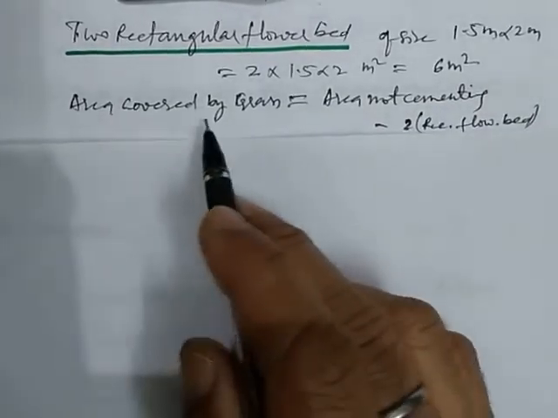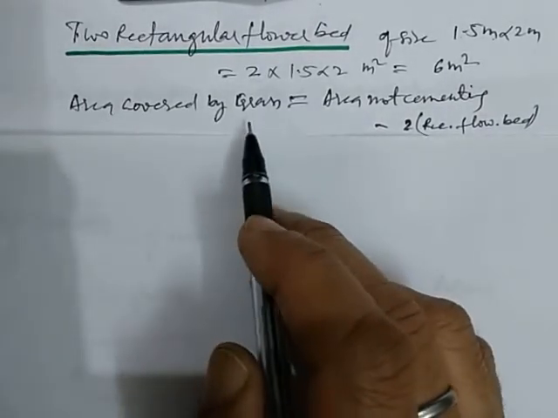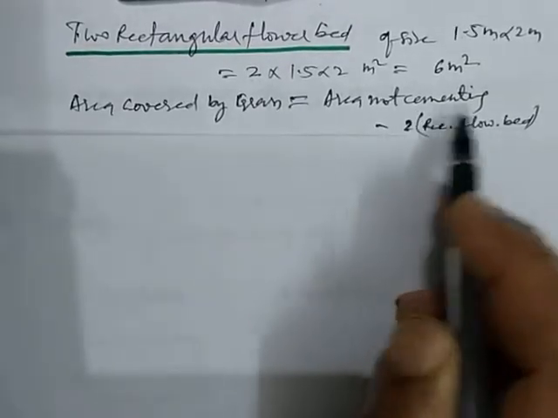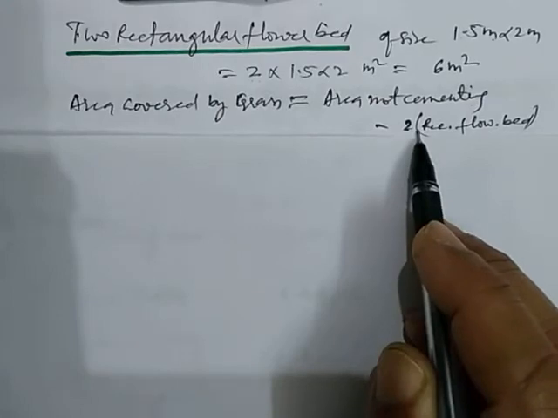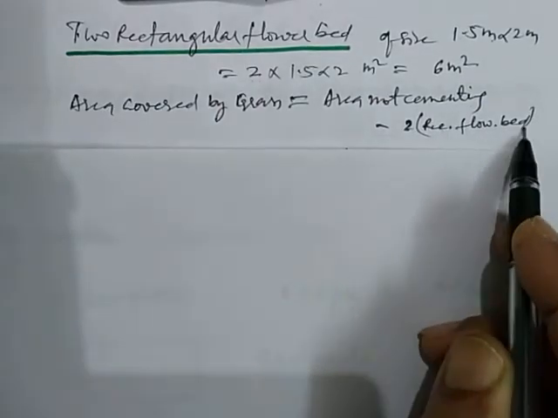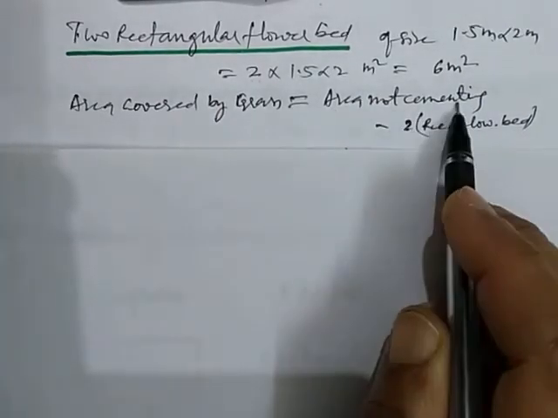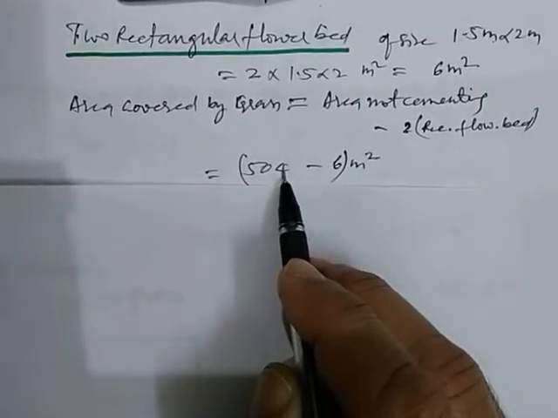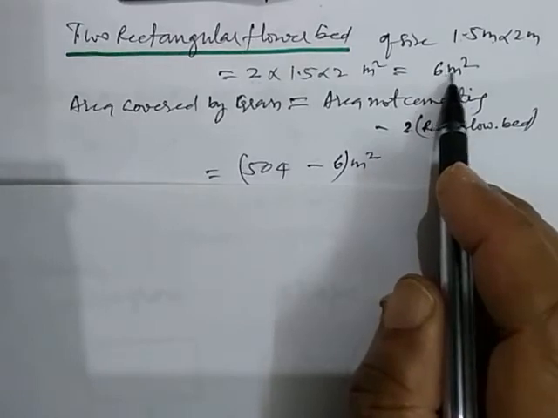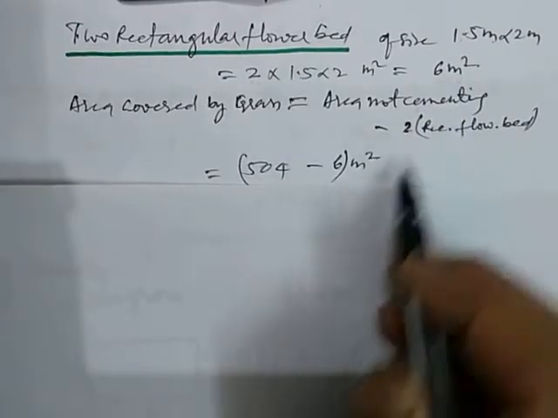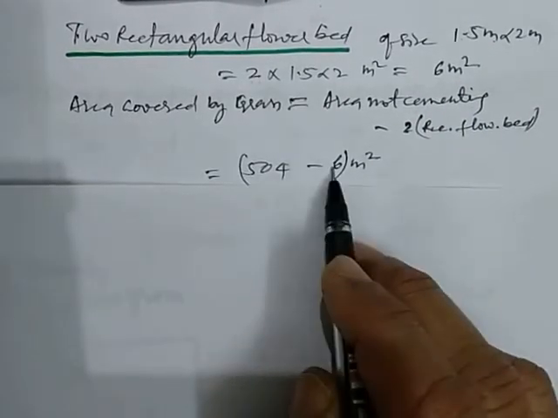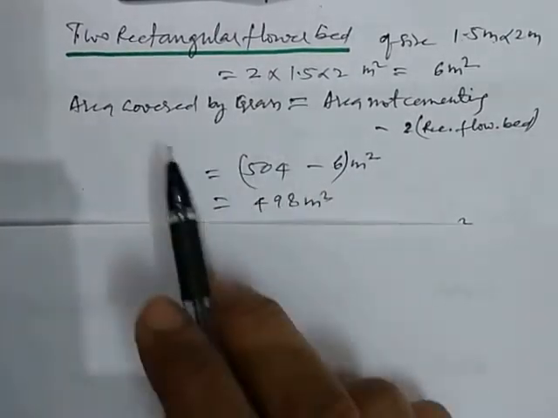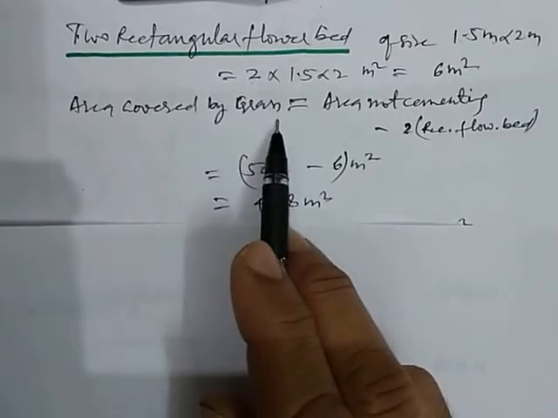Now area covered by grass. Area covered by grass equals area not cemented minus 2 rectangular flower beds. Area not cemented we already calculated, 504 meter square, and the area of 2 rectangular flower beds is 6. So we subtract and get 498 meter square as the area covered by grass.